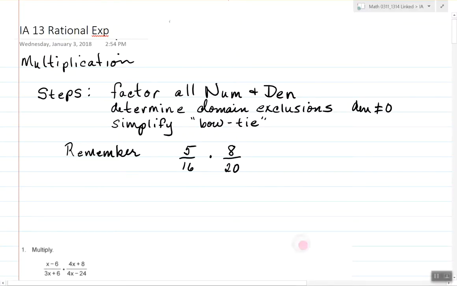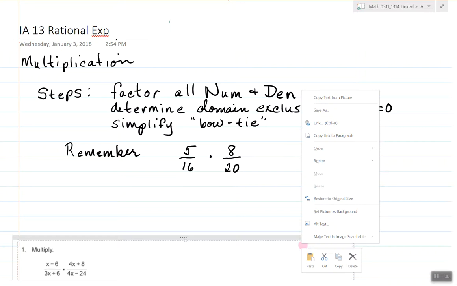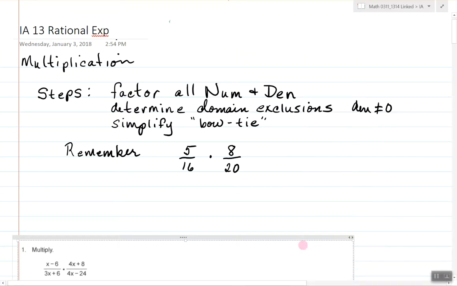So I will say, looking at this diagonal, that 5 goes in here once and 5 goes in here 4 times. Then I will look at this diagonal and say 8 goes in here once and 8 goes in here 2 times. Go ahead and look up and down because that's a possibility also.